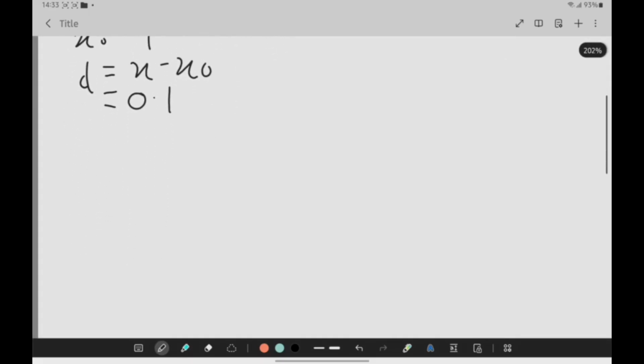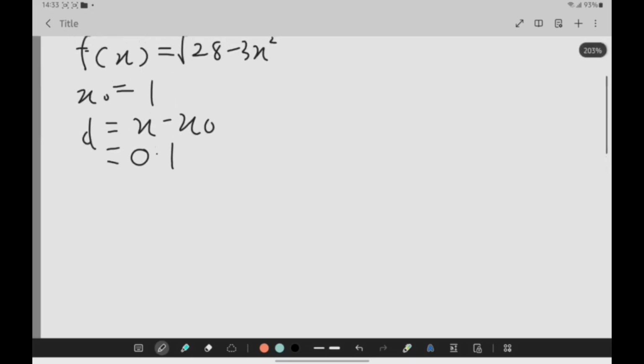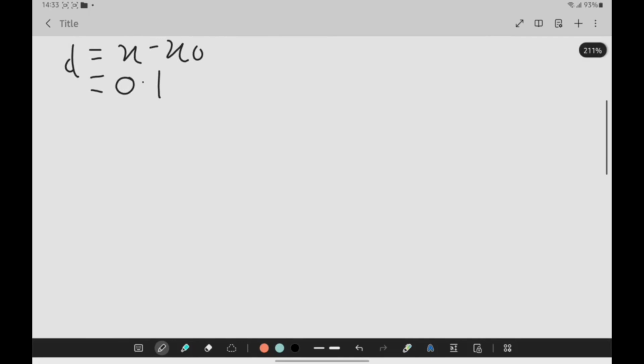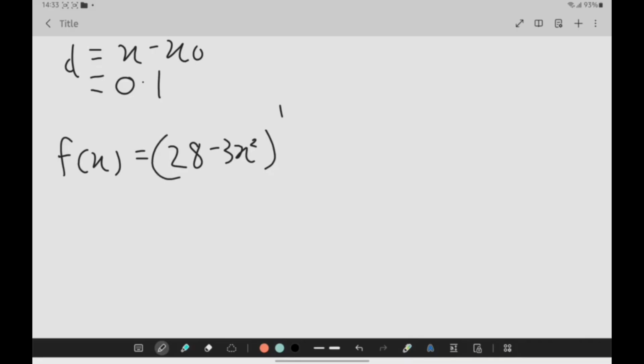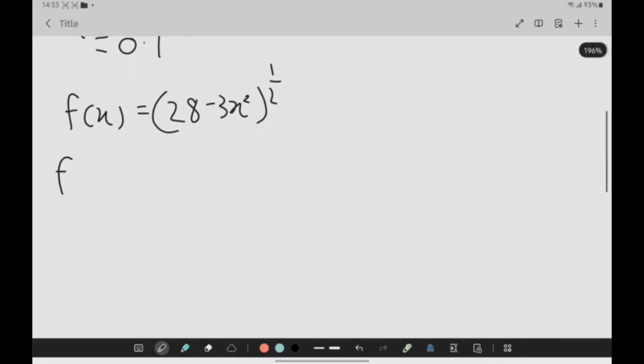After you get all three, x, x0 and delta, you want to find the f prime of this equation. So first you do f(x) and simplify this. So get that. Now you differentiate.